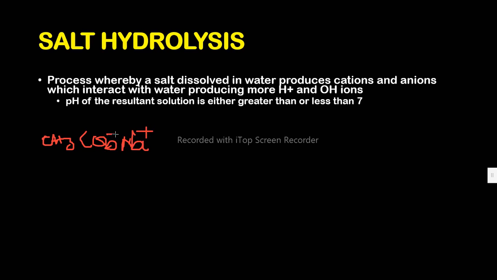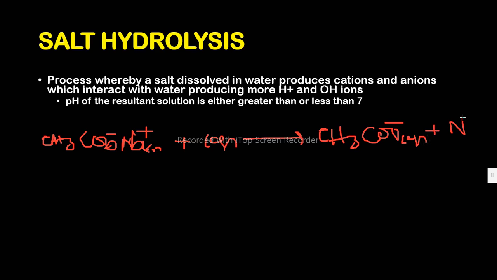Now, when this sodium ethanoate is dissolved in water, it is solid, dissolved in water, it will fully ionize to give us ethanoate ions, CH3COO minus aqueous, plus sodium ions. Now for sodium ions, they are large cations, and so they cannot hydrolyze. Don't forget your inorganic chemistry.